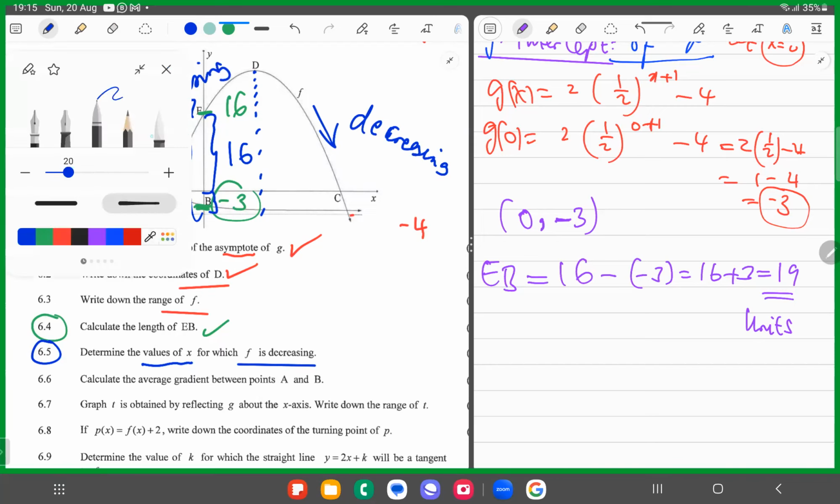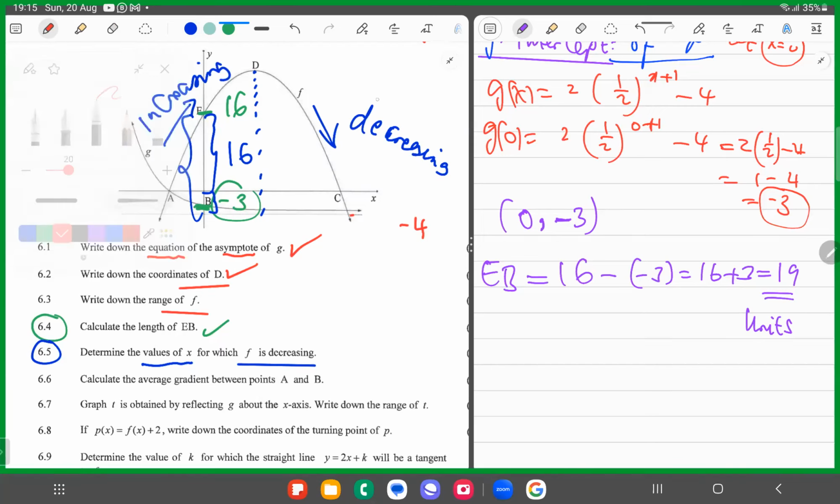So if it is decreasing, what are the coordinates of D? We realized that there were 3 and 25 for the turning point or the vertex of the function. So now look at this with me in 6.5.